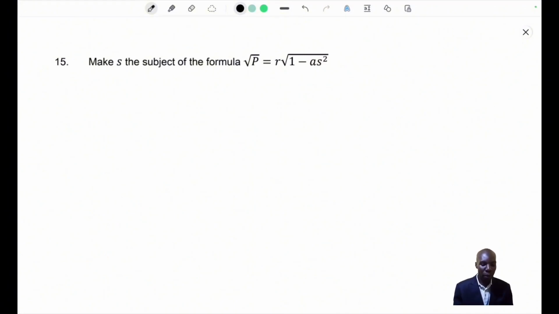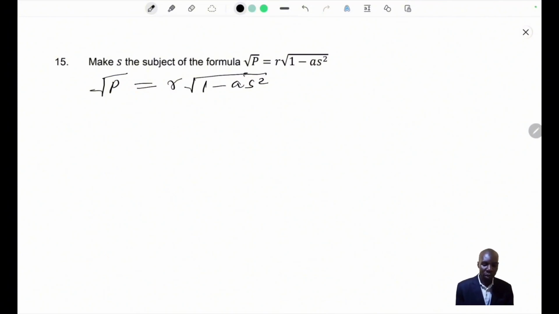Number 15, make S the subject of the formula. We are given root of P is equal to R root of 1 minus A S squared, like that.